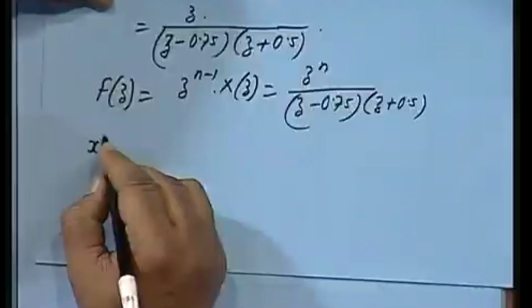Once you have got f(z), there are two poles, one at minus 0.5, the other at plus 0.75.